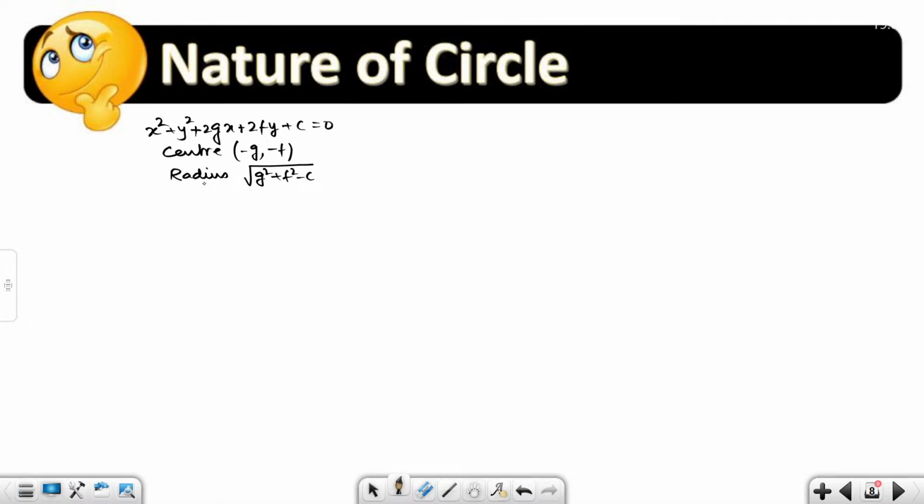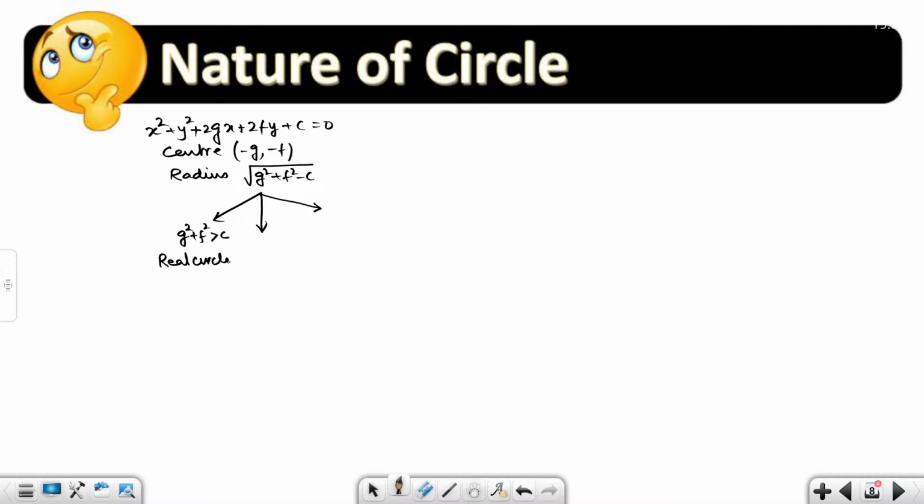Now, the moment you see that your radius has a root sign coming, we have three conditions. One is that if your g square plus f square is greater than c, then we are getting a real circle.